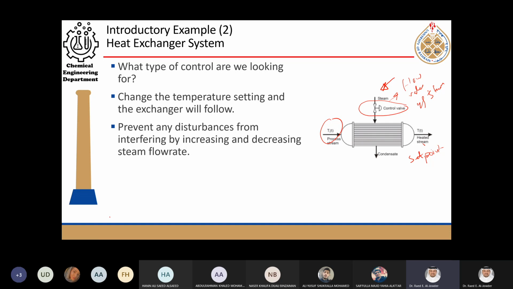Because the inlet and the exit temperature are constant, you are only supplying the system the heat of vaporization. Then Q will be a function of lambda, heat of vaporization, and it depends on the unit of lambda.